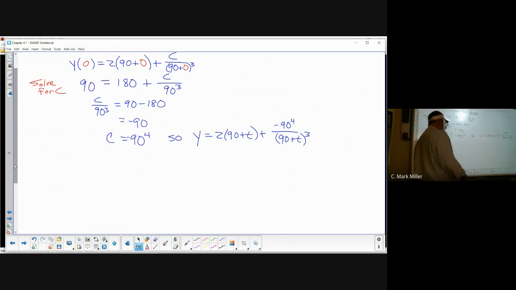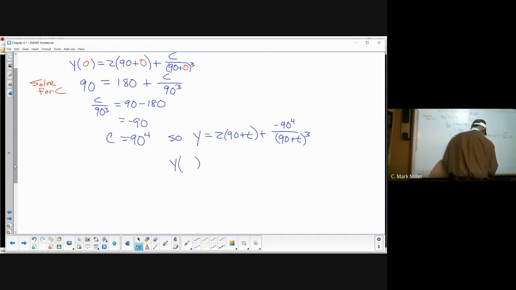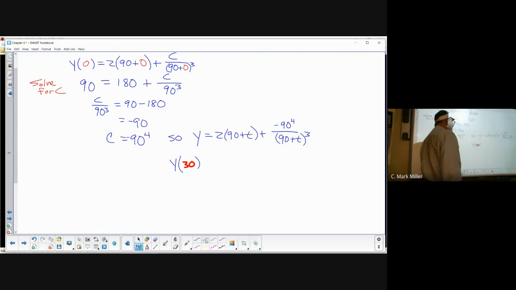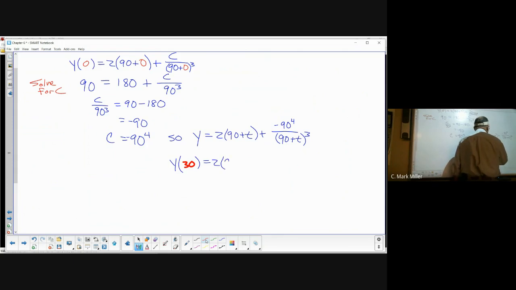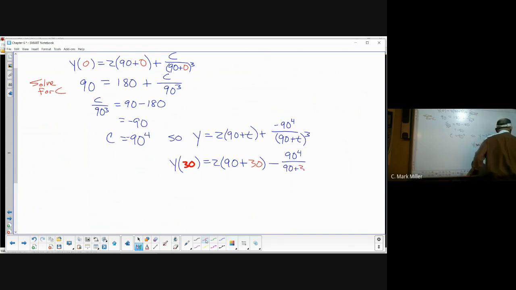What I'm looking for is y of 30. That's going to be 2 times 90 plus 30 minus 90 to the 4th divided by 90 plus 30 cubed.